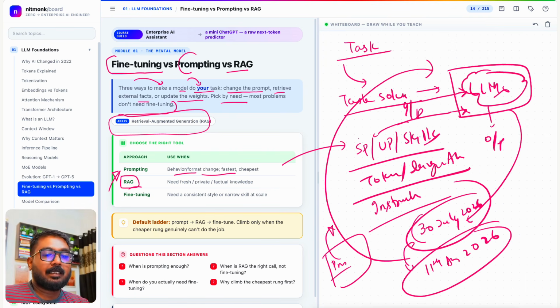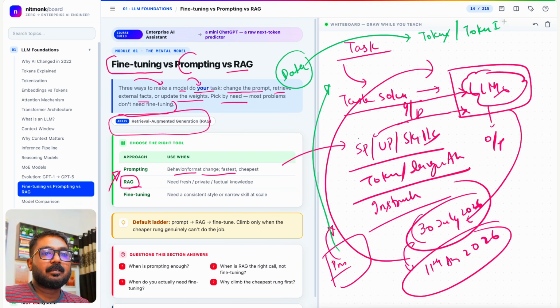You have to create your business data into tokens, then token IDs, then the embeddings, and then the embedding matrix, and store it in the vector database.